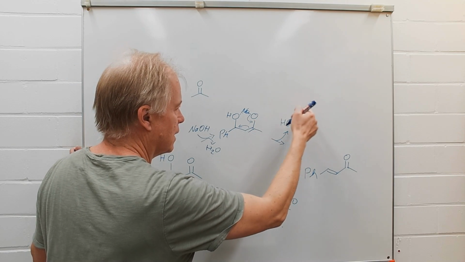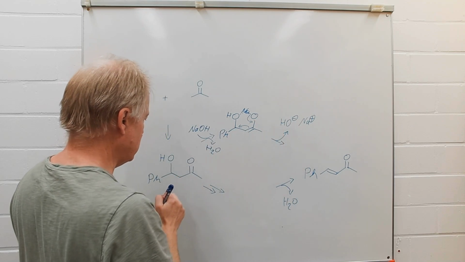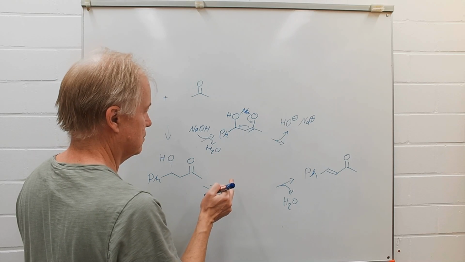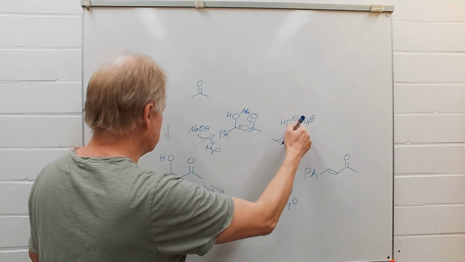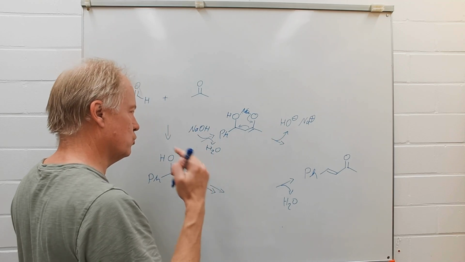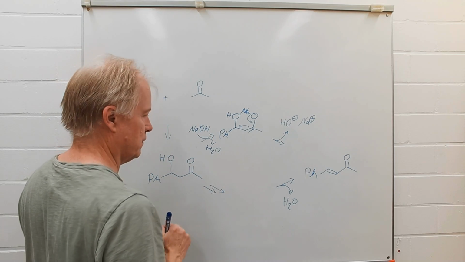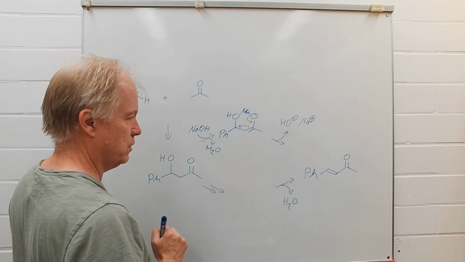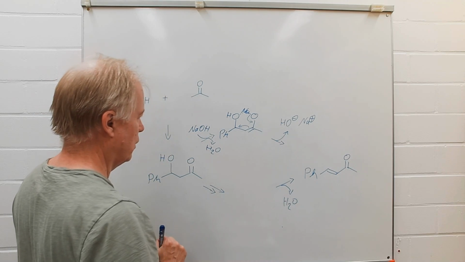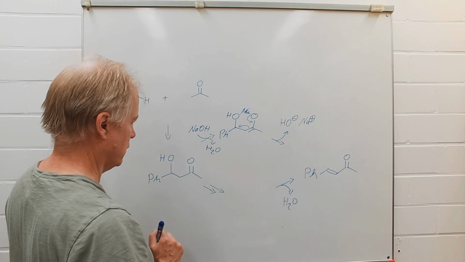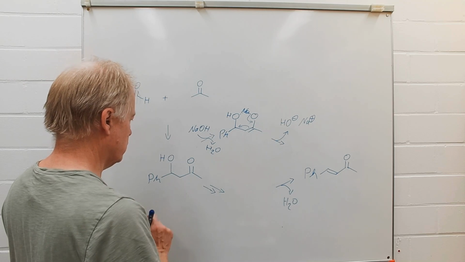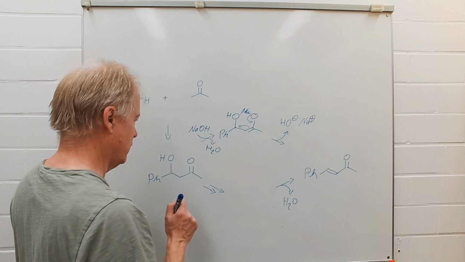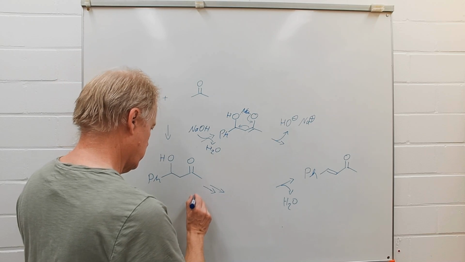The active sodium hydroxide is then restored and can go into the next cycle with the next molecule. We have already finished the formation of this product. So, now to the reaction under acidic conditions.